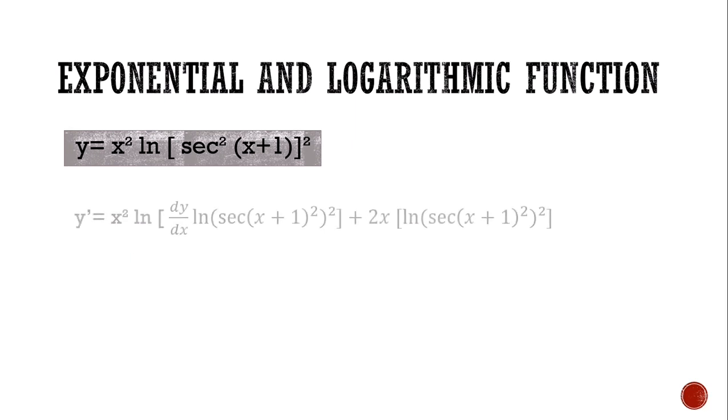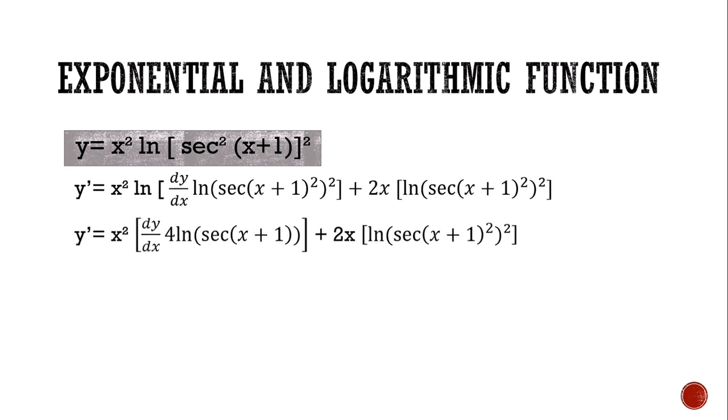Put the logarithm power rule, natural logarithm of a x raised to n, which gives us 4 natural logarithm secant quantity x plus 1 plus 2x natural logarithm secant quantity x plus 1 squared squared. Simplify it.